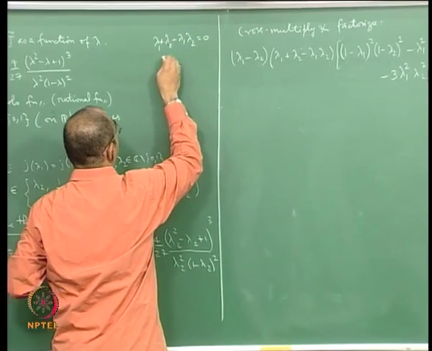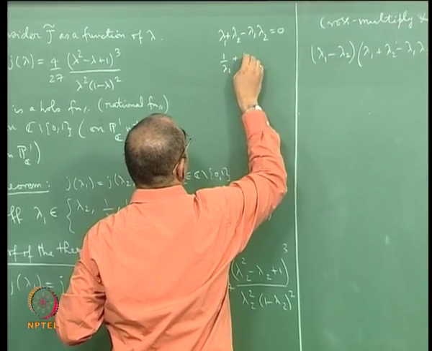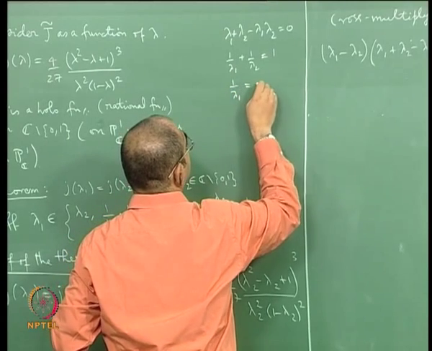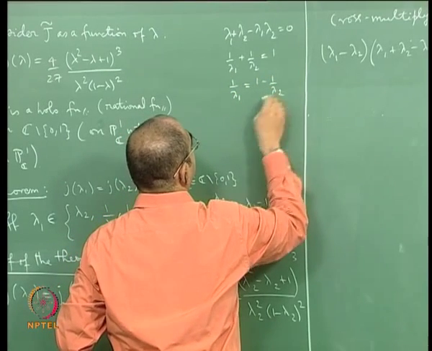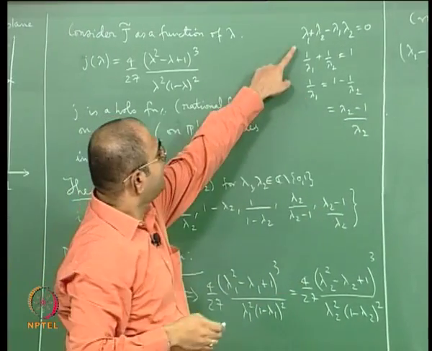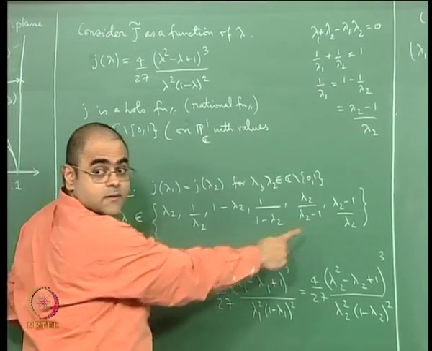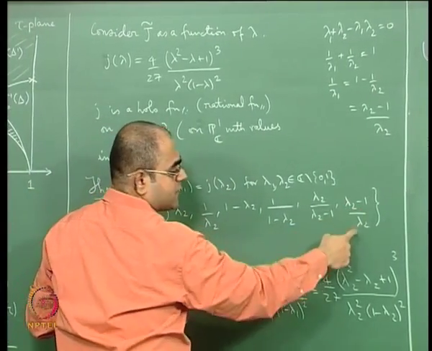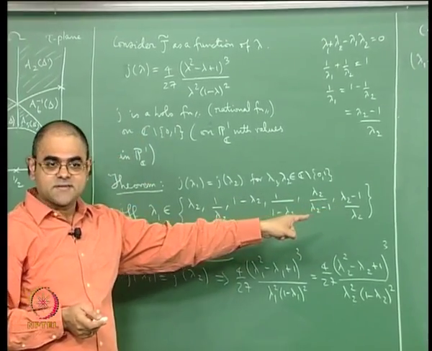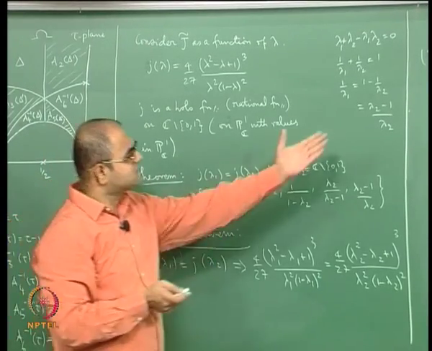If you divide throughout by lambda 1 lambda 2, you will get 1 by lambda 1 plus 1 by lambda 2 is equal to 1, and so 1 by lambda 1 is equal to 1 minus 1 by lambda 2, which is lambda 2 minus 1 by lambda 2. So this being 0 corresponds to the possibility of lambda 1 taking the value lambda 2 minus 1 by lambda 2. There are only finitely many of these, and you have to cleverly guess which one of them you will get out as a factor, and this comes out quite easily.